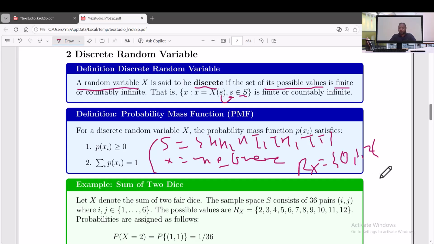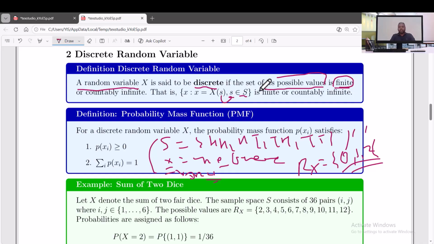These are the possible values. The possible values here are finite, 0 up to 2, and they are whole numbers 0, 1, 2. So these possible values are countable and finite, right? So this random variable is a discrete random variable.